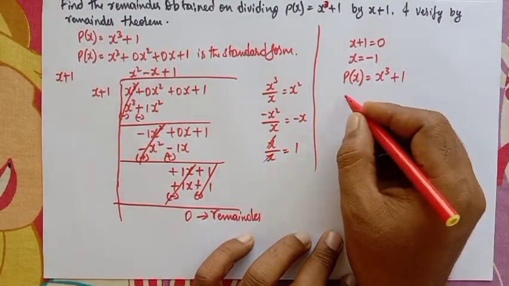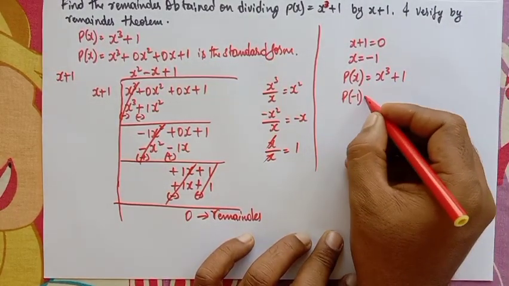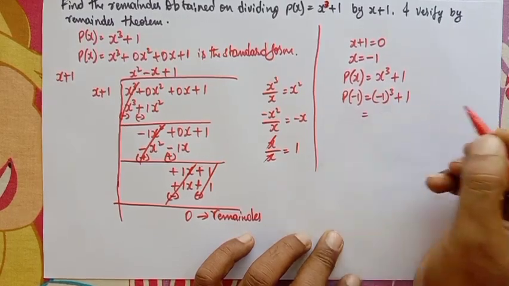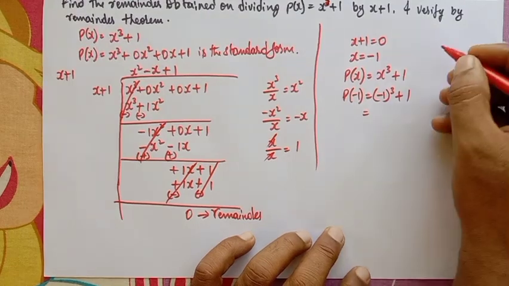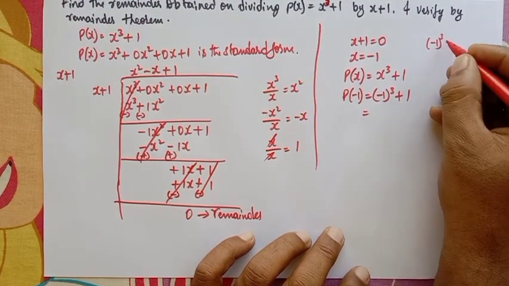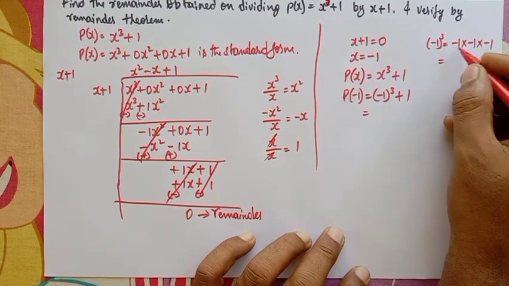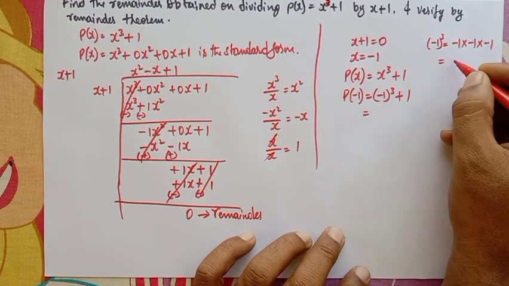So let us substitute. P of minus 1 is equal to minus 1 whole cube plus 1. What is the value of minus 1 whole cube? Minus 1 whole cube is equal to minus 1 into minus 1 into minus 1. So minus into minus is plus, plus into minus is minus.